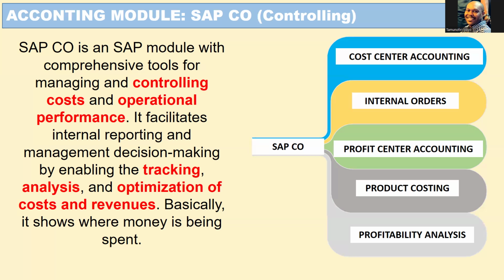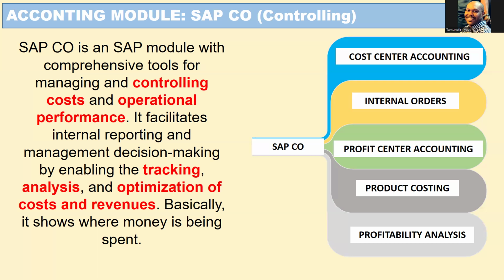Basically, what this SAP CO is about is it shows where money is being spent. And of course, you can match it with your revenue as well. Where money is being spent and where money is coming from, just for proper oversight and proper analysis.